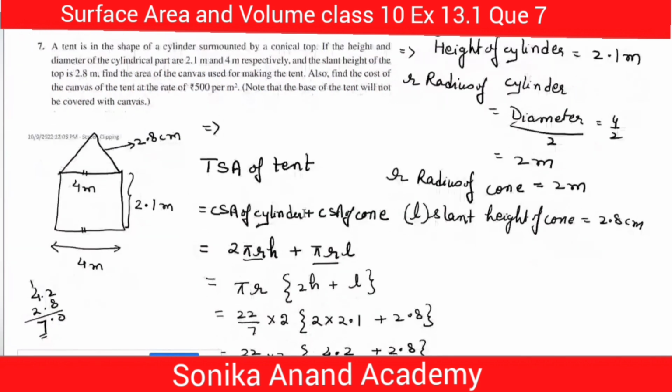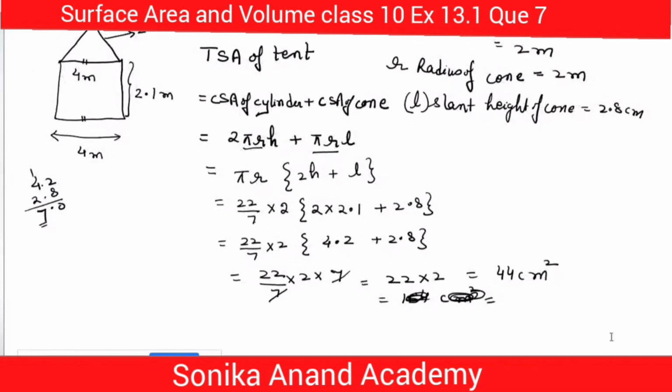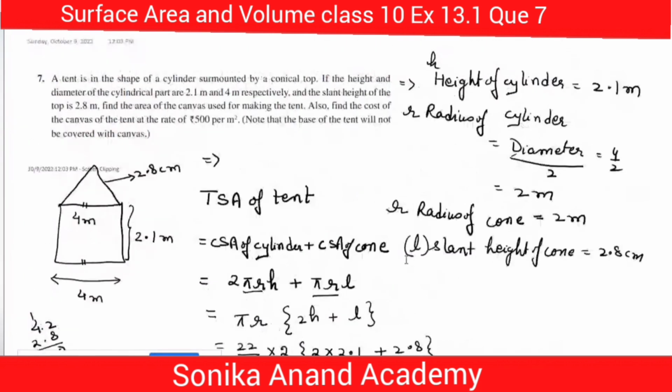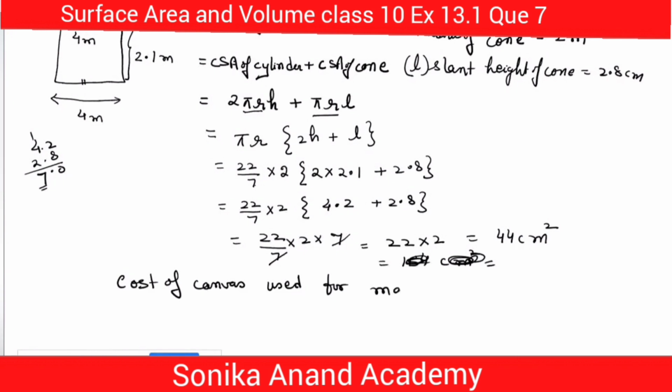So this is the area of the canvas, meaning the surface area of the cloth we will buy to make this tent. But how much will this cloth cost us, we have to find the cost of canvas, and 1 meter of cloth costs us 500. So the cost of canvas used for making tent, we multiply this surface area by the cost. Multiply 44 into 500, which is equal to 22,000.